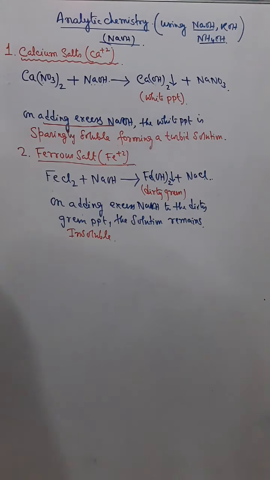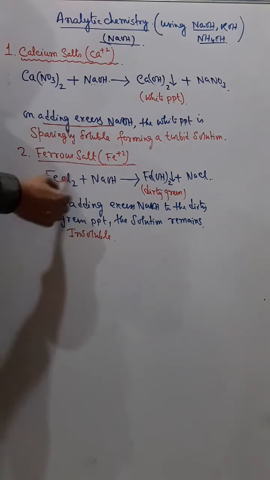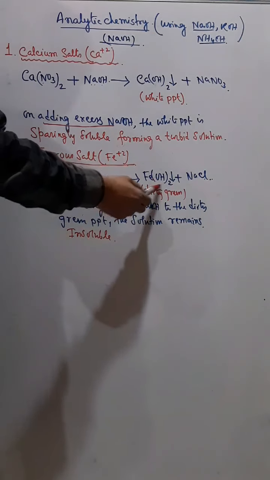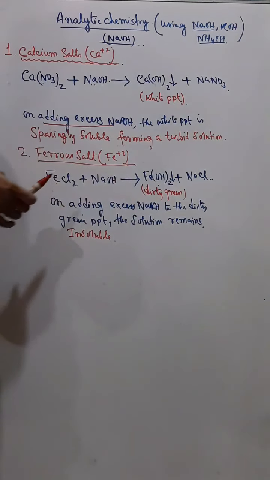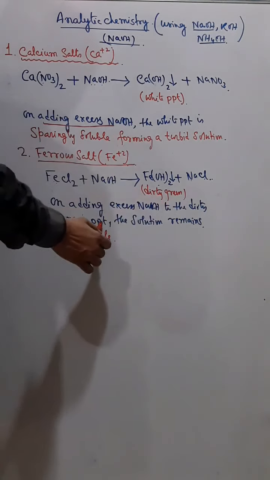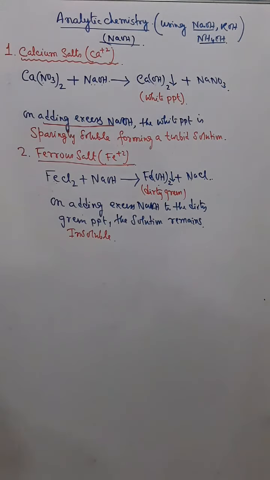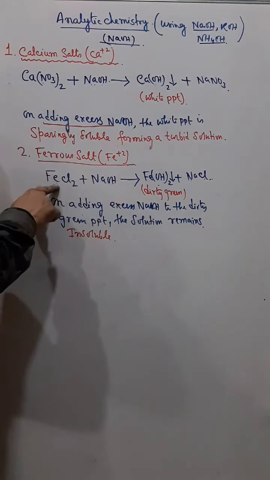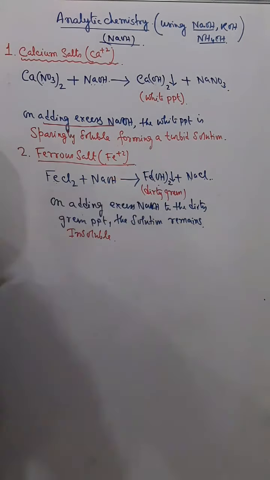So as I've told you, first we will add NaOH. So naturally we will get ferrous hydroxide and NaCl, and then on adding excess of NaOH to the dirty green PPT, the solution remains insoluble. So whenever we add NaOH with a ferrous salt, we will always get a dirty green precipitate. So if it is ferrous chloride, we will get Fe(OH)2 plus NaCl.